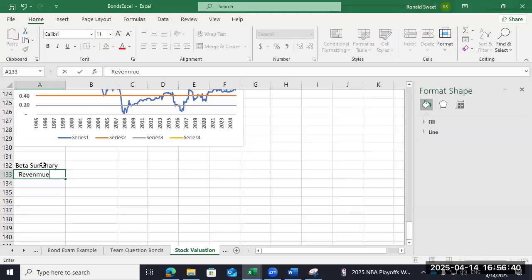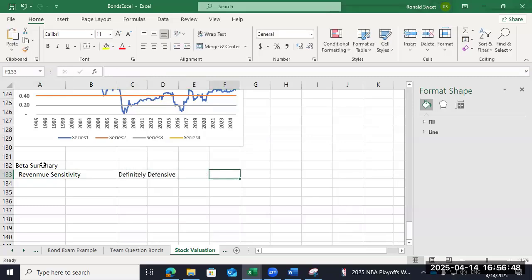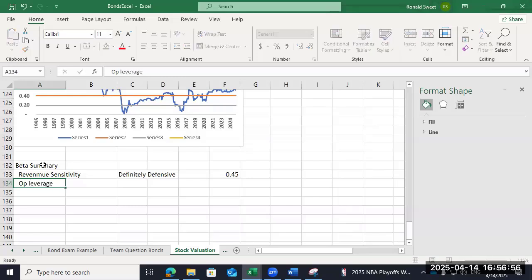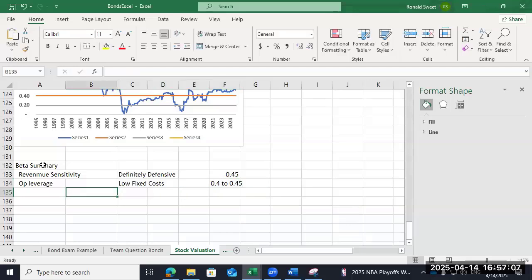You got the revenue sensitivity, definitely defensive, beta, say a 0.45. Op leverage, low fixed cost, 0.4 to 0.5, 0.45.